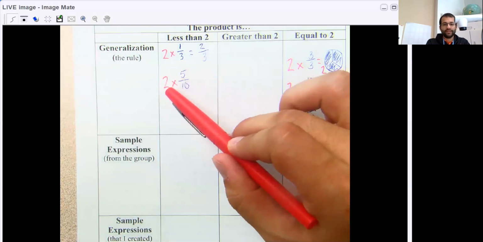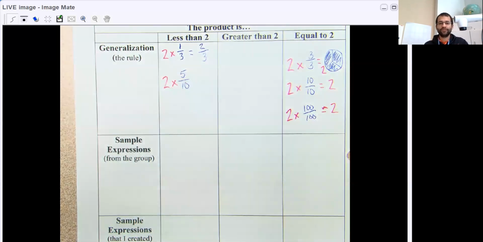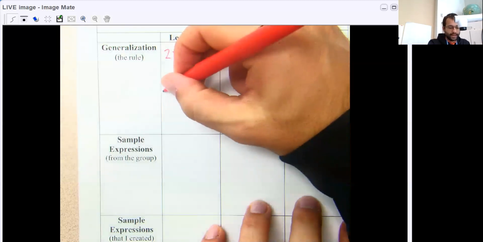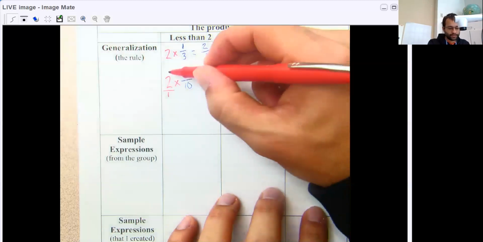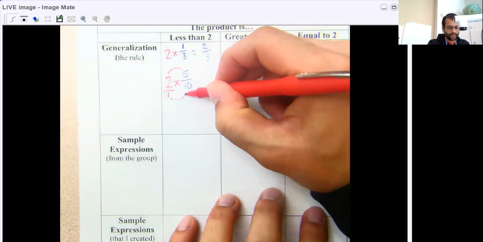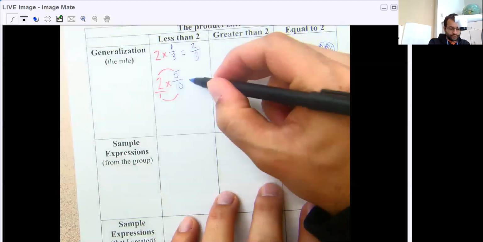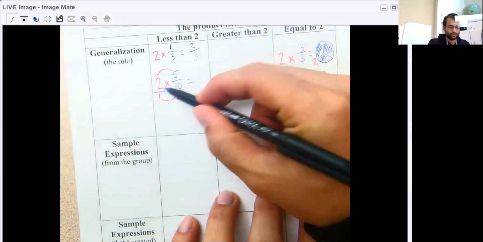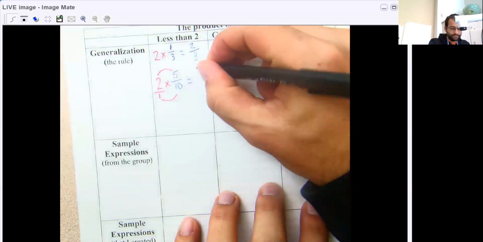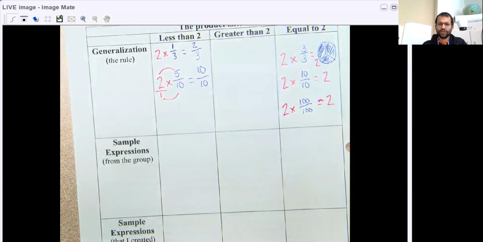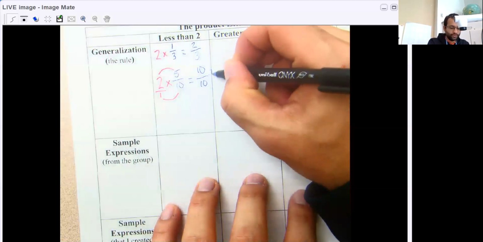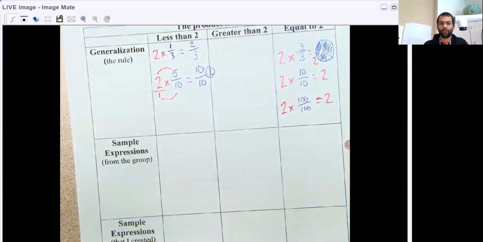To make them look the same, I can add a 1 underneath, and then multiply my top numbers and my bottom numbers. So if I do 2 times 5, that's equal to 10, and 1 times 10 is equal to 10. And what do we know about 10/10ths? We said already that 10/10 is equal to 1 whole.